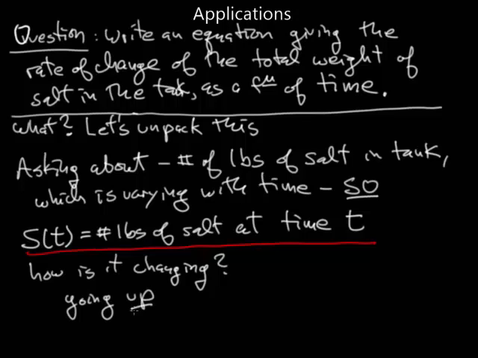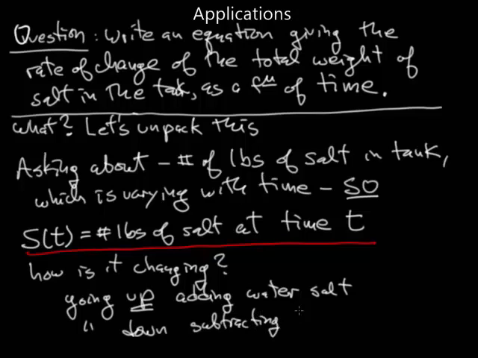There's salt going in, and that's making the weight of salt go up. I'll come back to that. There's salt going down because a certain amount of salt is being taken out of the tank, and so it's a combination of those two factors that we have to figure out how that affects S of t.